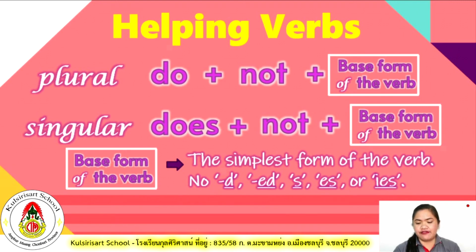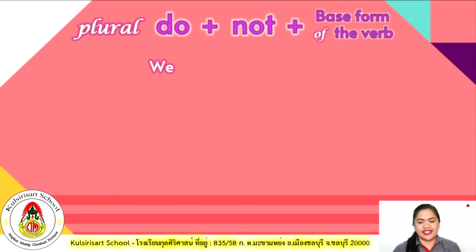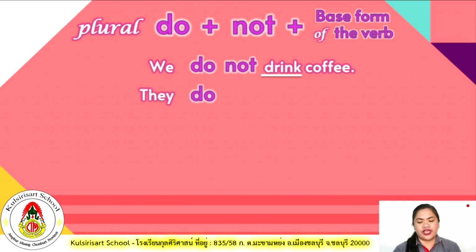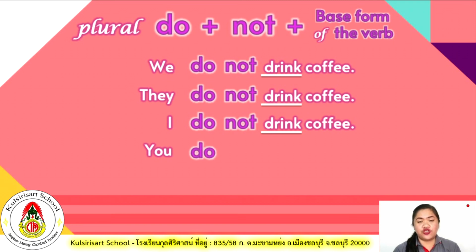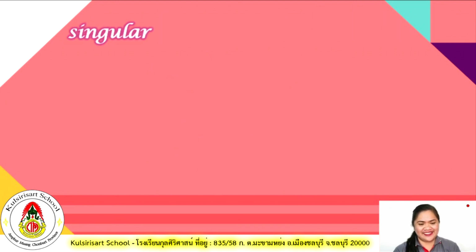Next, we have the examples. For pronoun, we do not drink coffee. They do not drink coffee. And when we talk about I and you, remember the exception. I should use do, and then the negative, not, and then the base form of the verb. And then you should also use do, not, base form of the verb, drink.